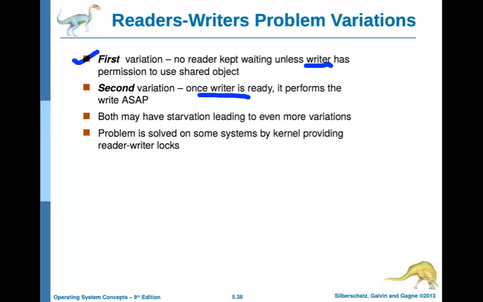There is no point if you read the old score, right? So the better option is, whenever the writer is ready, that means whenever a new score is available, it performs the write operation as soon as possible. That means we need to provide priority to the writer. Okay, so that could be another solution.